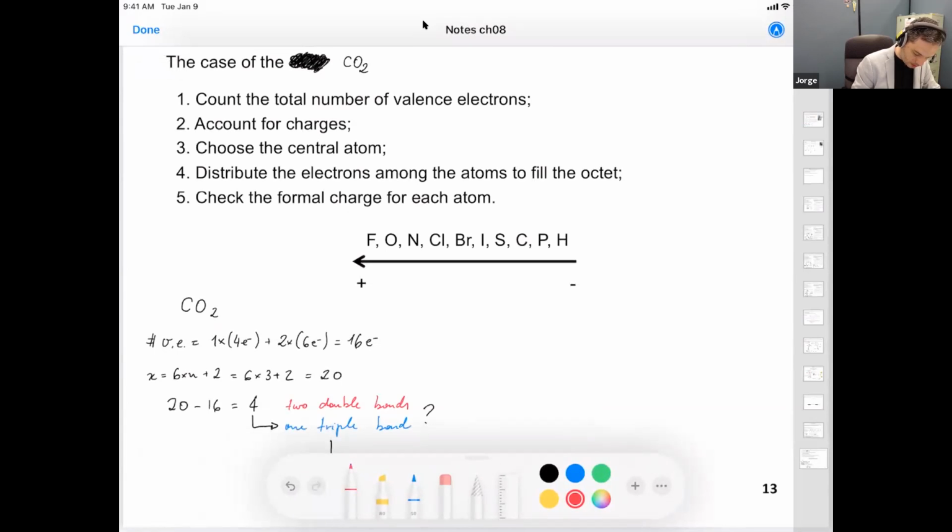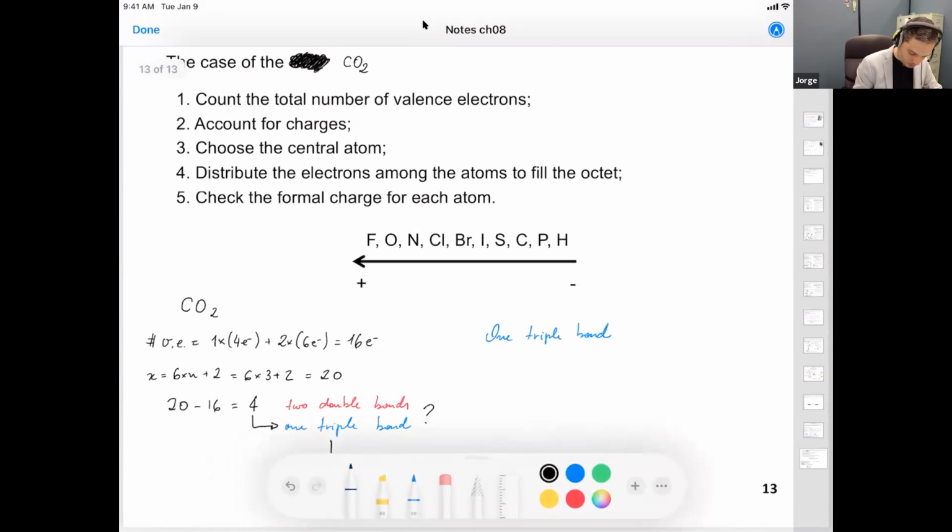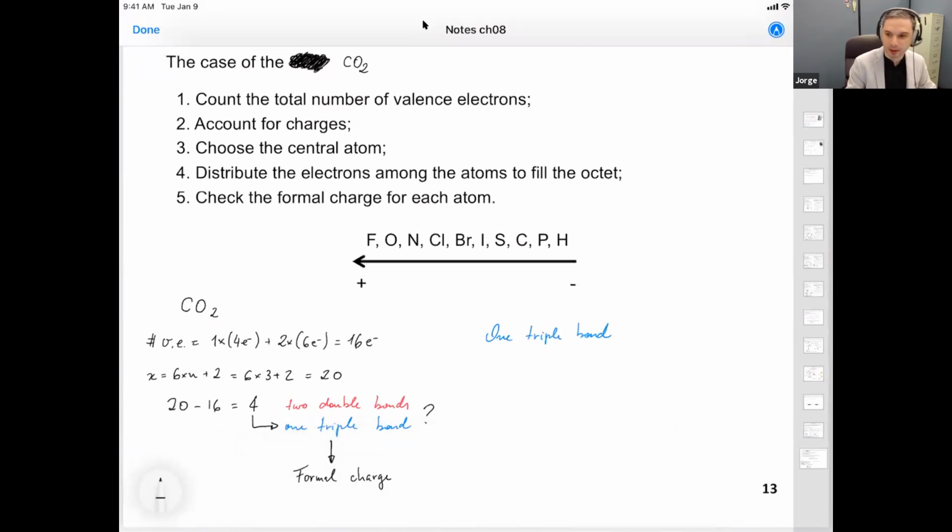All right, so let's start with the option that tells us that we have one triple bond. For this option, we are going to have carbon as the central atom, a triple bond connecting carbon with one of the oxygens, and therefore a single bond connecting the carbon to the other oxygen.